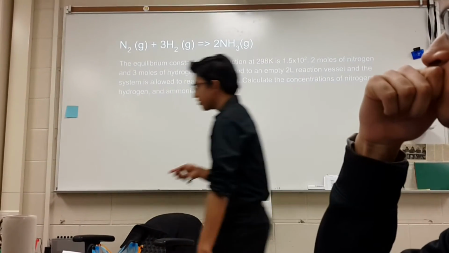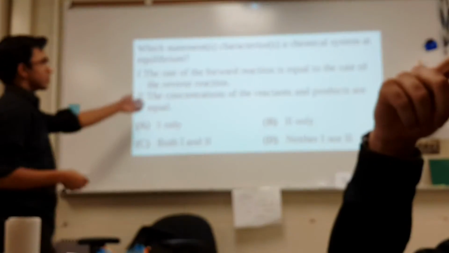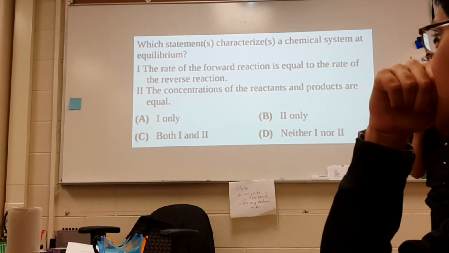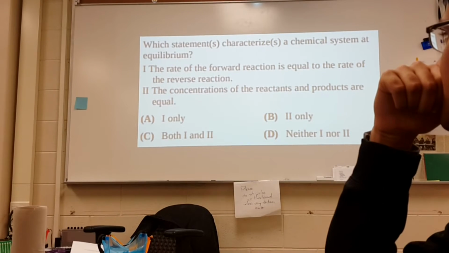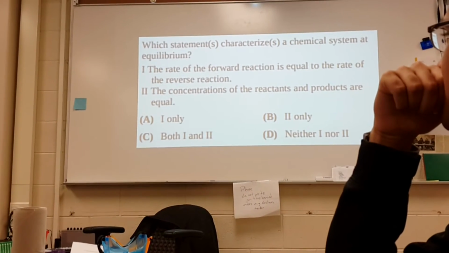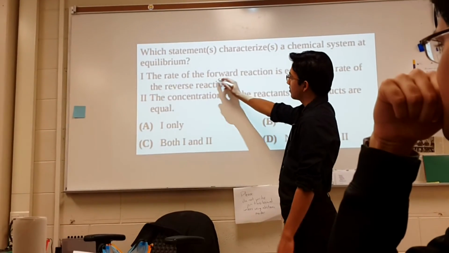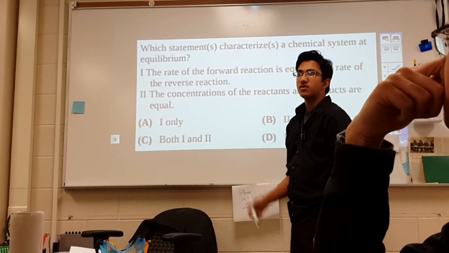So next week what we're going to try to do is just finish up the rest of basic equilibrium. Oh, wait, can you guys answer this quickly, please? Just one. Okay. 1 only. Well, we know this is true, right? If I didn't stress it enough.